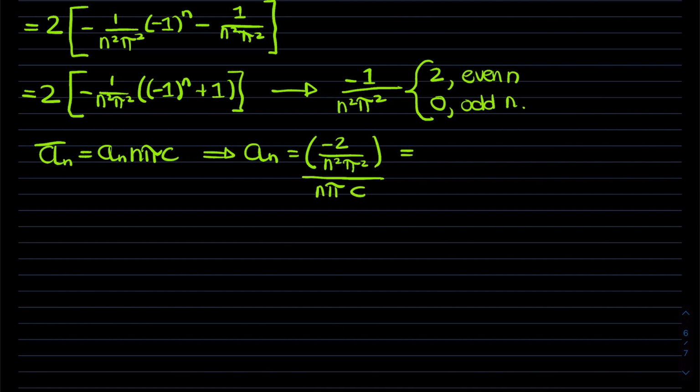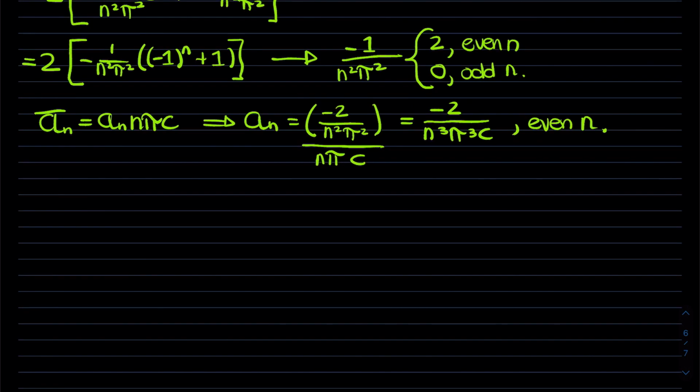So a of n is going to equal minus 2 over n cubed pi cubed c, and that is for even n. I might just rewrite this again so it's a little neater. A of n equals minus 2 over n cubed pi cubed c, and that's for even n.